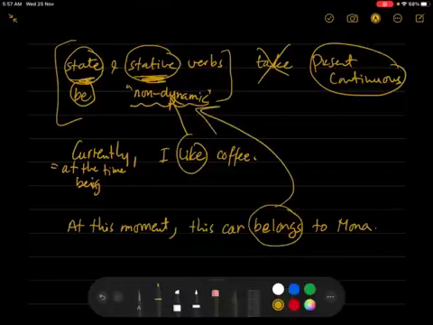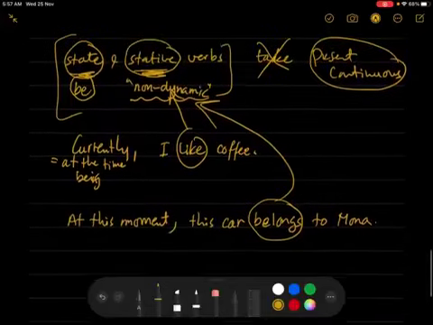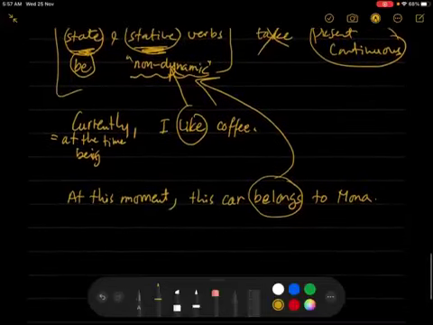Belongs is also a stative verb, and both state and stative verbs do not take present continuous format, even though we are talking about the present. We are talking about the present continuous.